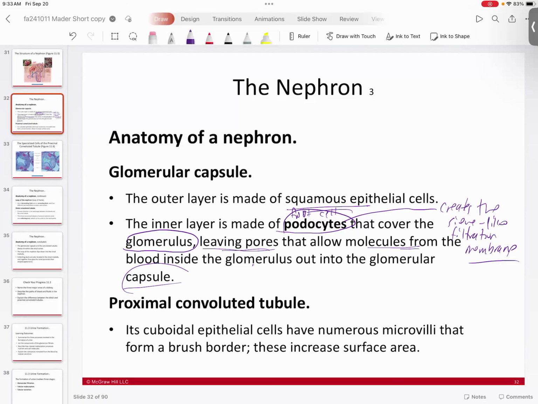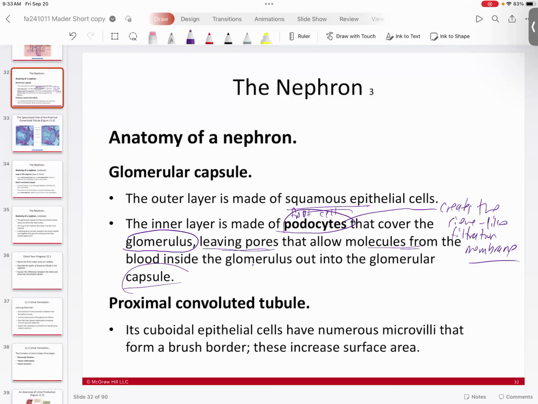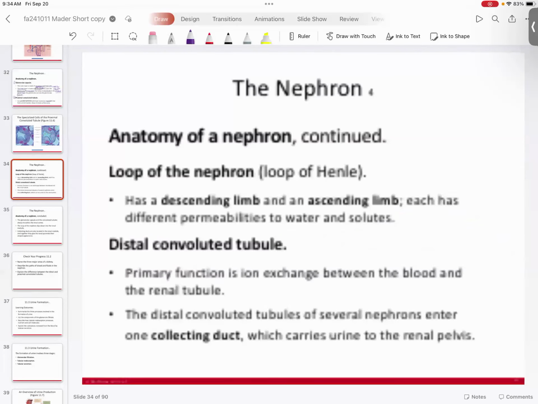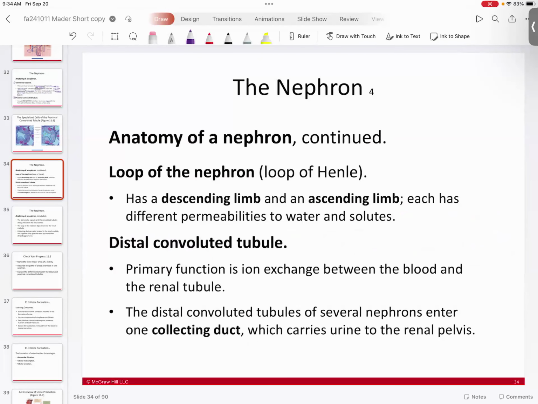From the glomerular capsule now, you're going to have fluid that's inside the capsular space, this fluid will essentially be what will become the urine. But from there, the next stop is going to be the proximal convoluted tubule. Typically, this is made out of cuboidal epithelial cells. They have microvilli on it to increase their surface area, but the job of the proximal convoluted tubule is to kind of reabsorb stuff.